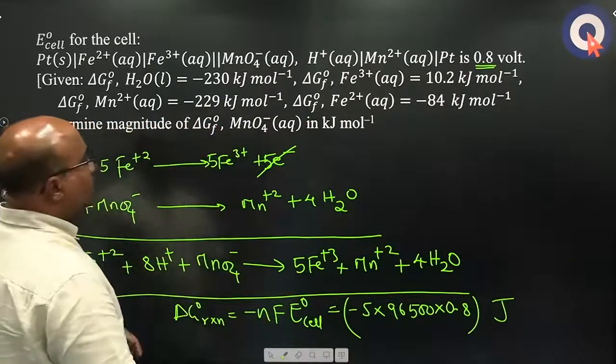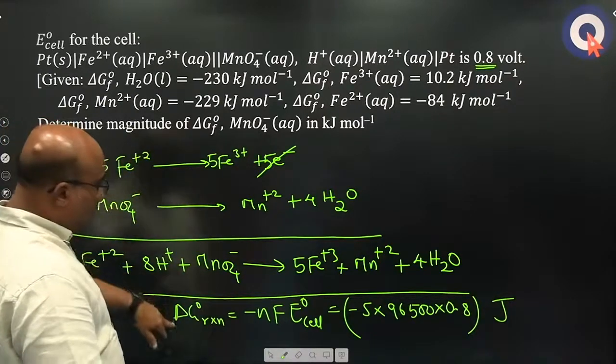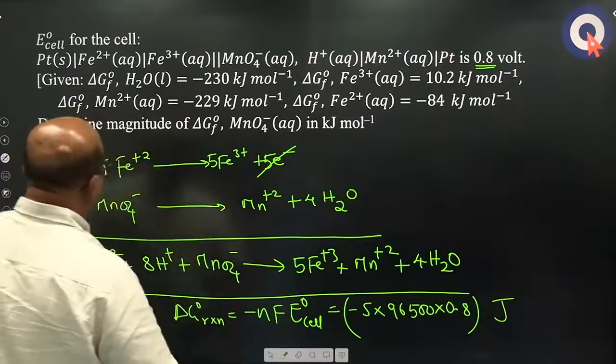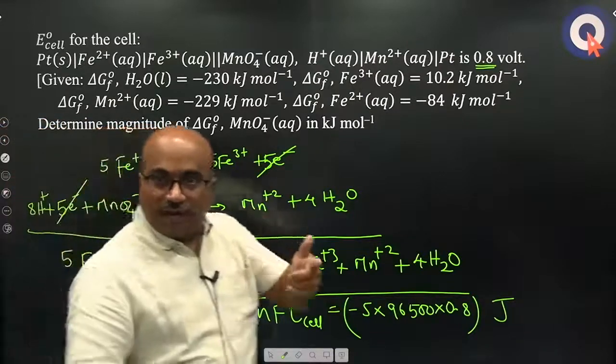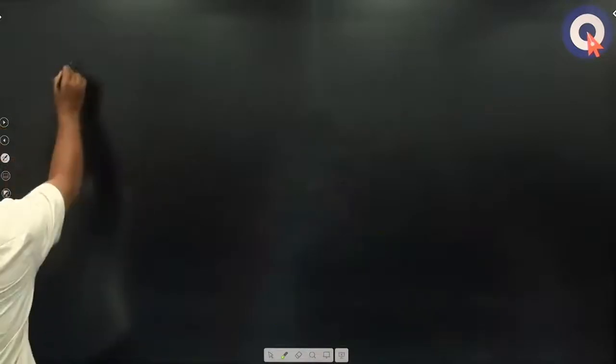But what is the delta G naught of the reaction? Overall delta G naught of the reaction is... So we just move into the next slide. Clear? So what is delta G naught of reaction?